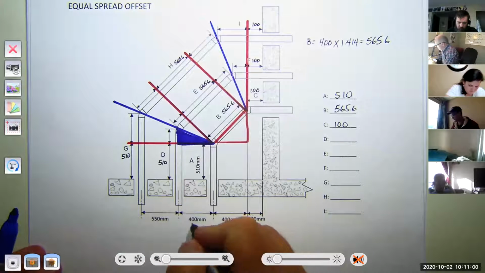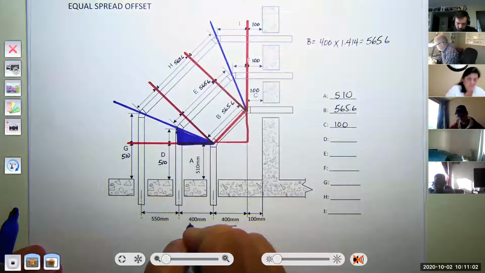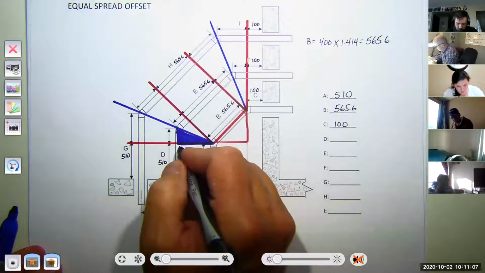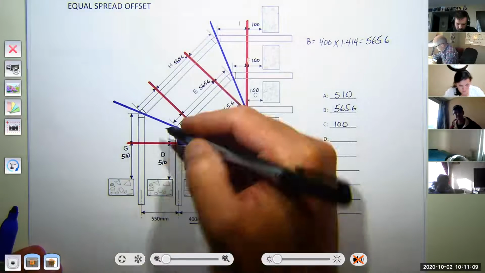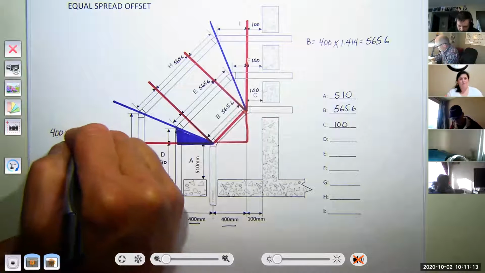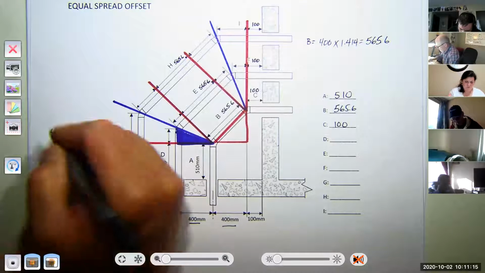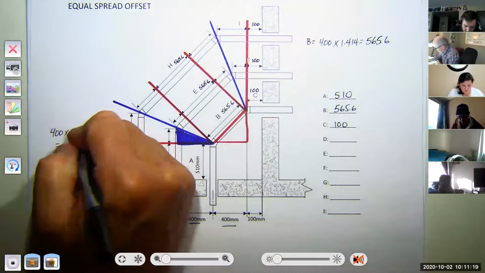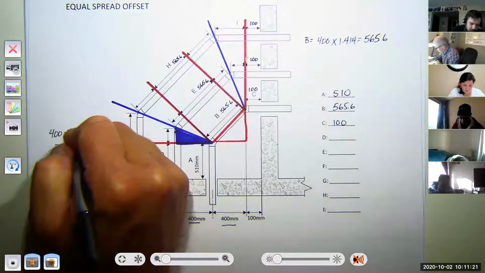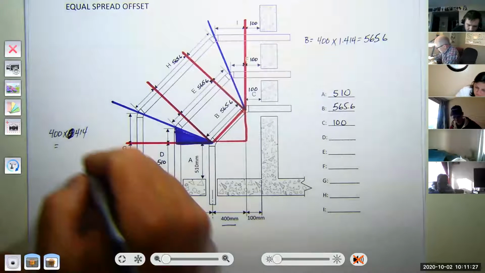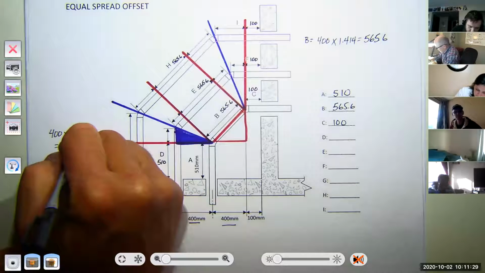And now I could take my run of 400 down at the bottom. This is 400. And if I times 400 by 0.414, oh my goodness, 0.414, it gives me 165.6.